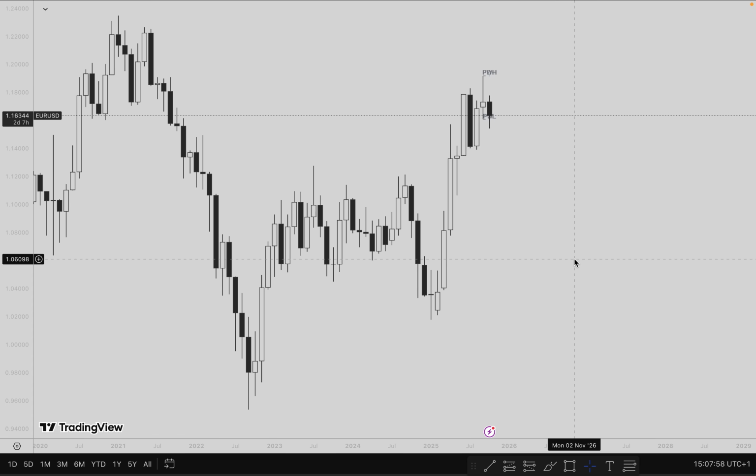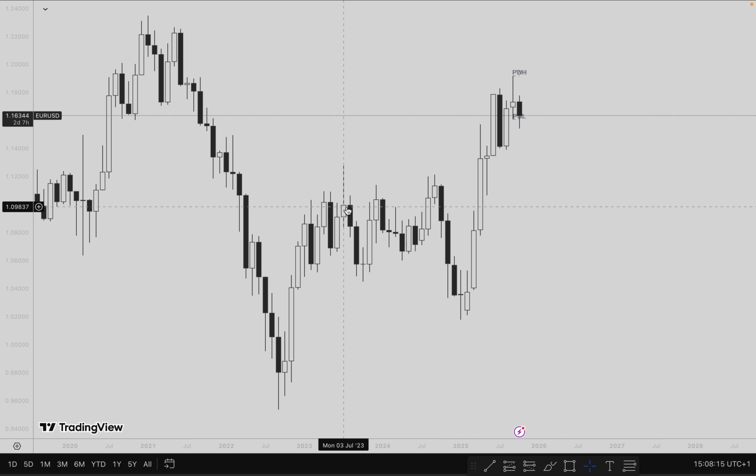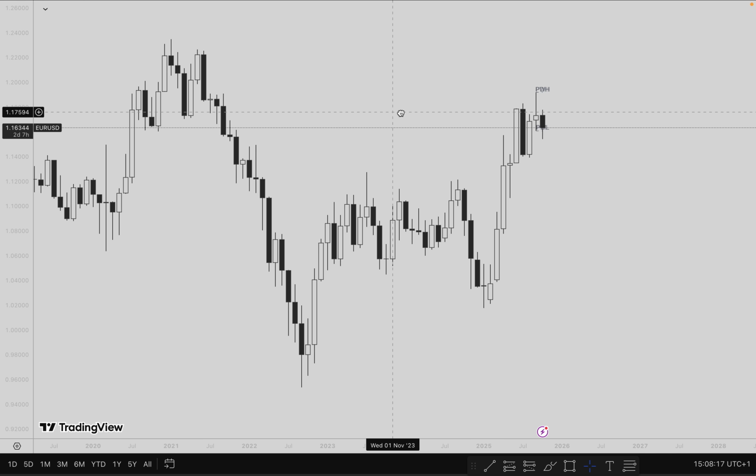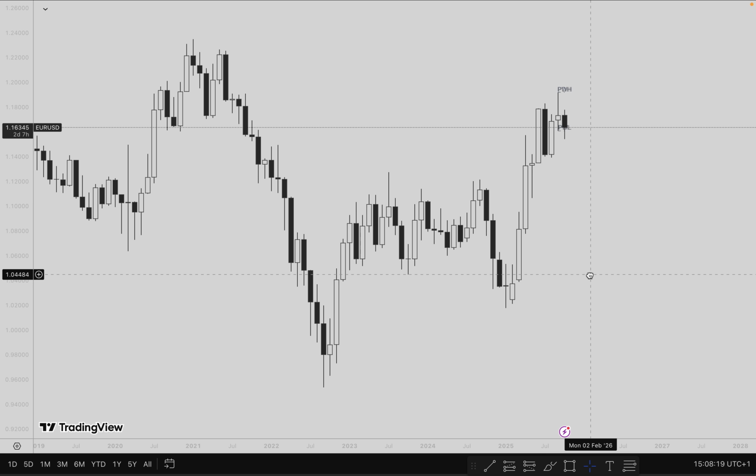Today I'm going to talk about the top-down approach, which is used to analyze key levels on each time frame, starting from the monthly time frame and moving basically to the lower time frames. When we are talking about the top-down approach, it's very essential to look at it from a logical point.